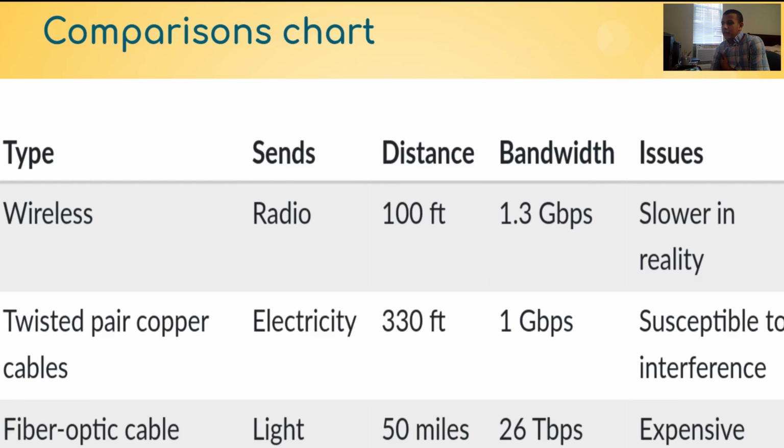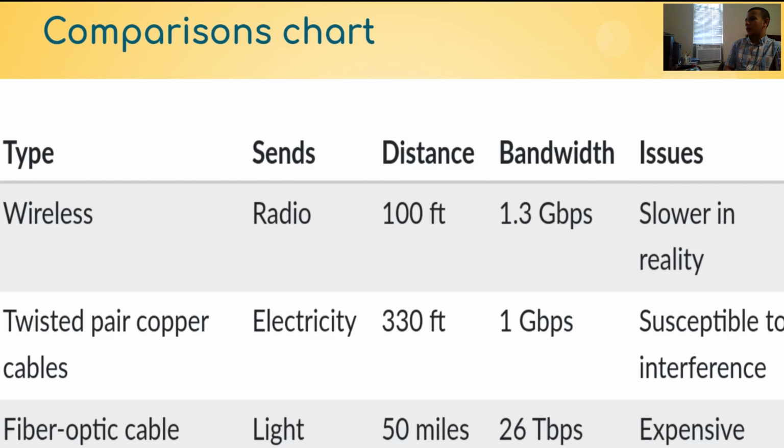Now you have fiber optic cables. These carry light, and these can go for like 50 miles before they have to hit somewhere. 50 miles, which is quite a lot of distance. And they have a whole lot of bandwidth, like 26 terabytes.